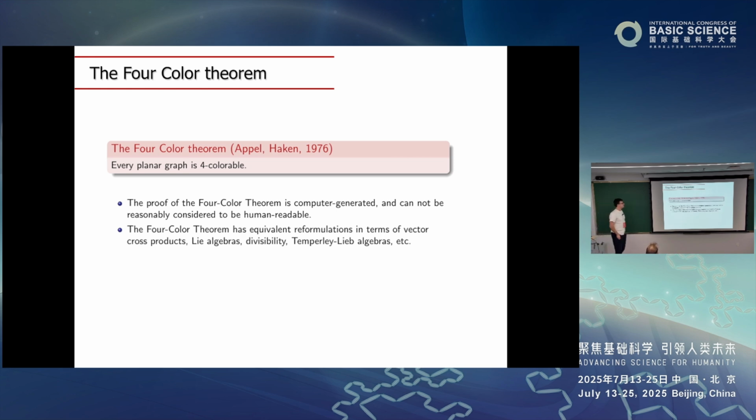So it's an incredibly famous theorem, but one of the reasons it's famous, it was the first major proof in mathematics that is computer generated. And in fact, to this day, even though there are better and better proofs which are computer verifiable and easier to accept in various ways, there's no proof that can reasonably be considered to be human verifiable or human readable.